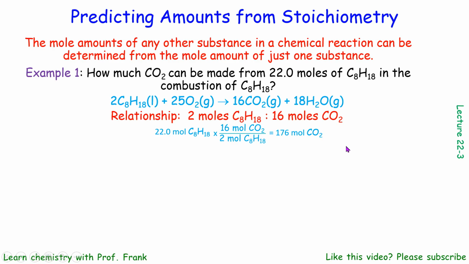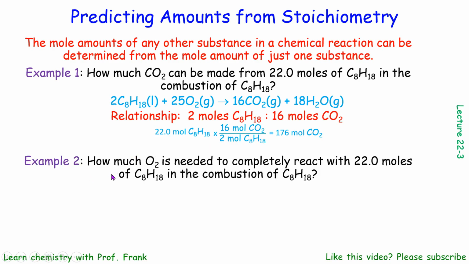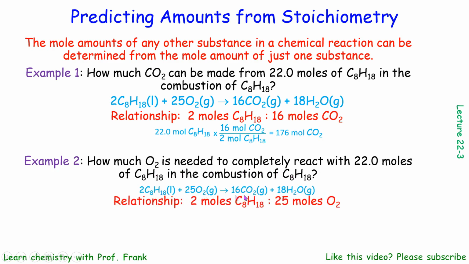That's example 1. Now example 2: how much oxygen is needed to completely react with 22 moles of octane in the combustion of octane? Again, the same chemical reaction, but now we'll work on 2 different substances. This time it's between oxygen and octane. So we will just use the relationship between octane and oxygen. We start from what we know: 22 moles of octane.